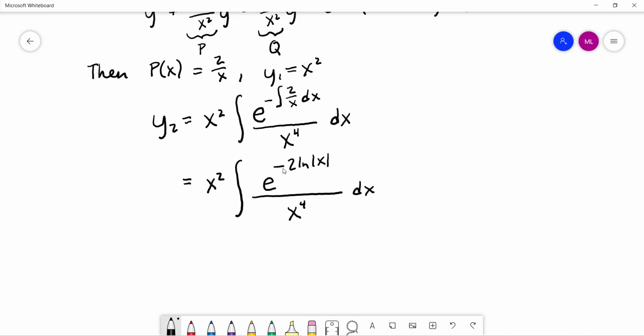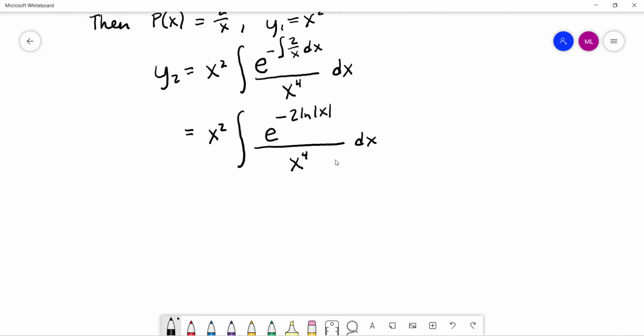So what is e to the negative 2 ln x? We can rewrite that. So again, I've got my x squared out in front. I'm not touching this outer integral yet. We're just cleaning up this inner one. So this is going to be e to the natural log of the absolute value of x raised to the negative 2 power, right?